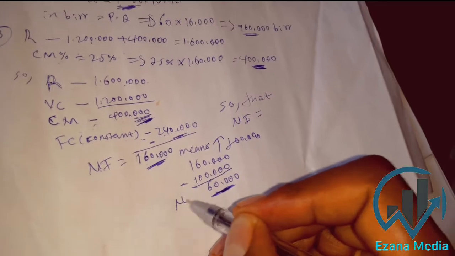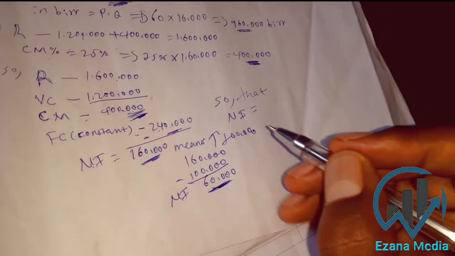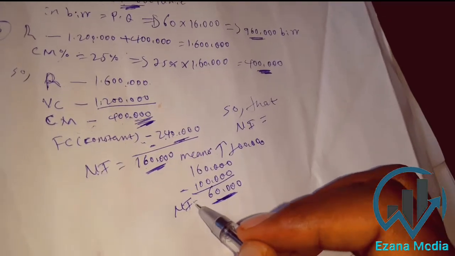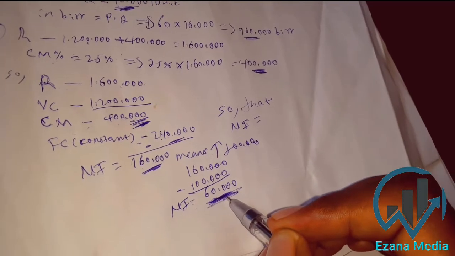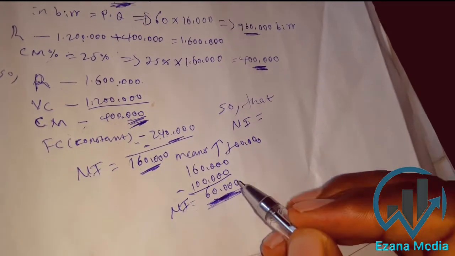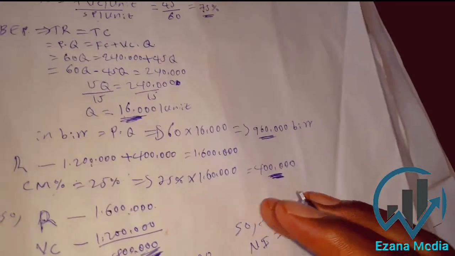It is net income. Net income is equal to 60,000.